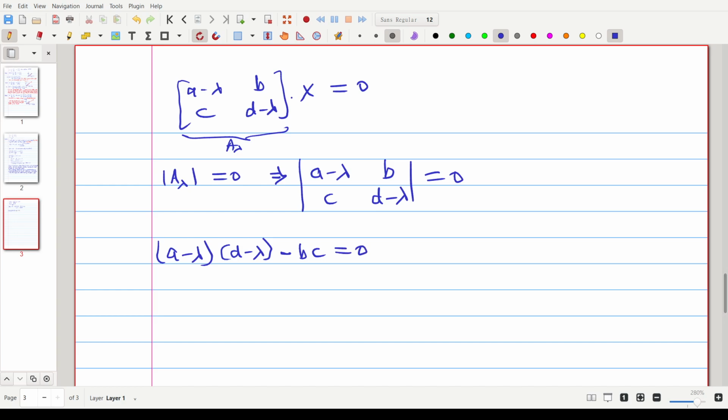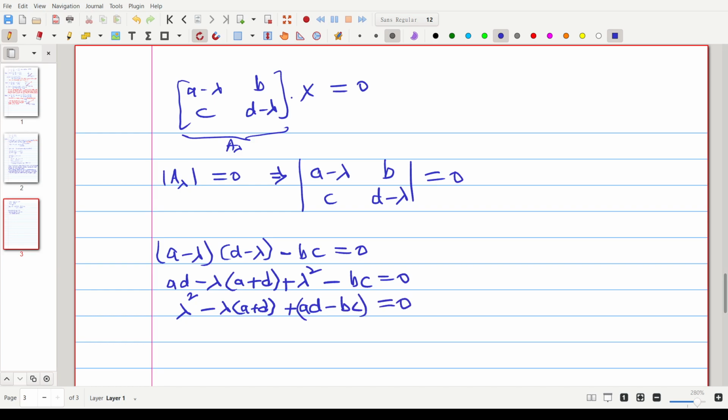And again, if we open the brackets, that would give us AD minus lambda times (A plus D), then we get another term of lambda square, minus BC equals 0. If we rearrange it to make sense, lambda square minus lambda into (A plus D) plus AD minus BC equals 0.